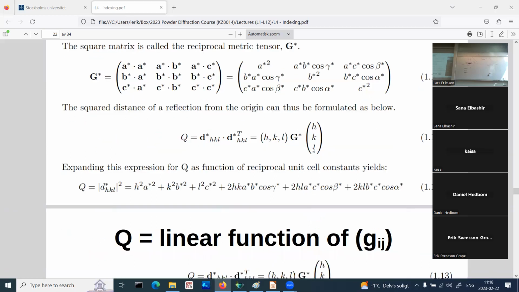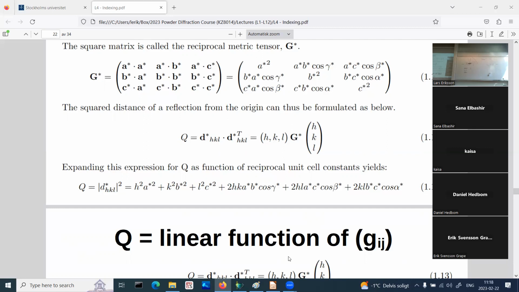So we should express this, and doing this expression, we will have Q equals a star squared times h squared plus a star b star, and so on. That's a long expression with 1, 2, 3, 4, 5, 6 different parts.